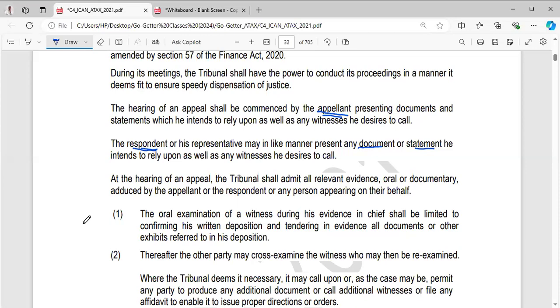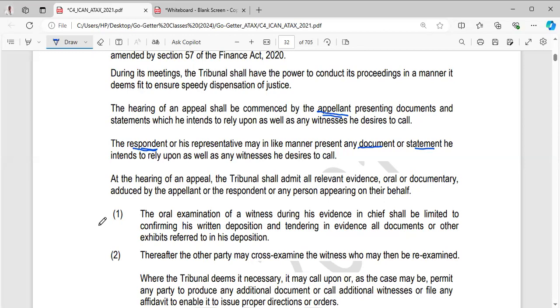Then the other party may have to cross-examine the witness, just the way they do in court. You hear an examination, the first examination, you will say any cross-examination, they will cross-examine. After that, they may want to say, do you want to re-examine this witness? And if that, well, then the witness may be dismissed, another may be called.